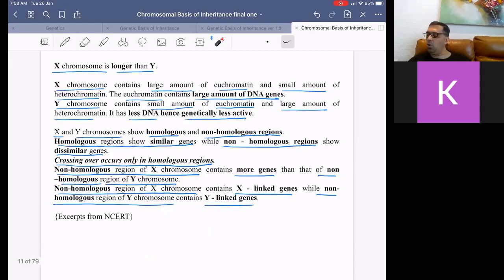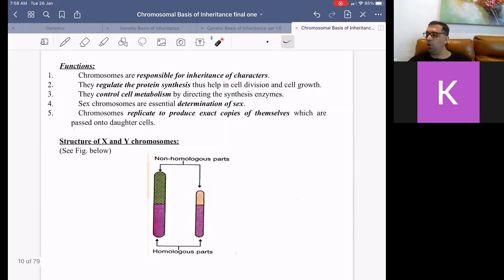And non-homologous region of the X chromosome के genes को कहते हैं X-linked genes, while non-homologous region of Y chromosome के genes को कहते हैं Y-linked genes. So, gene for hairy pinna is a Y-linked gene. For hair on pinna is a Y-linked gene.